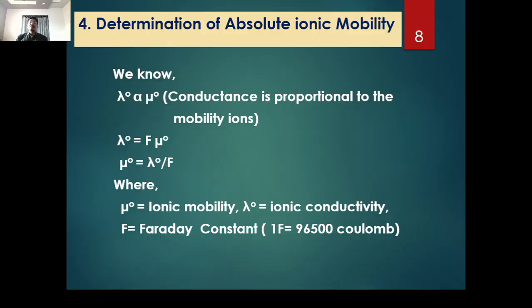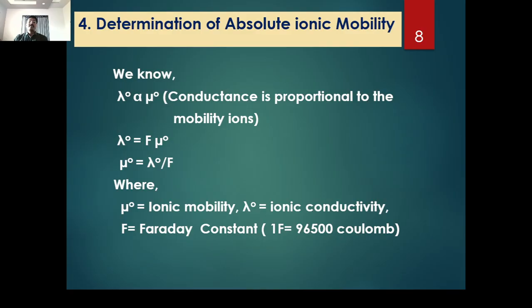Then the next one is the absolute ionic mobility. The ionic conductance of a particular electrolytic solution depends upon the mobility of ions, and different ions have different mobilities, different speeds.